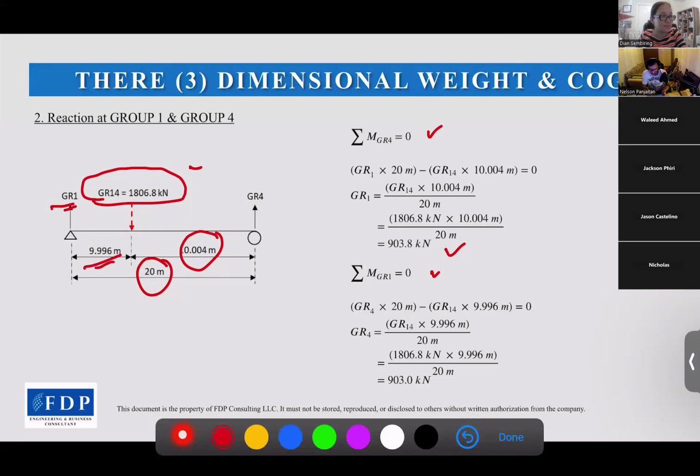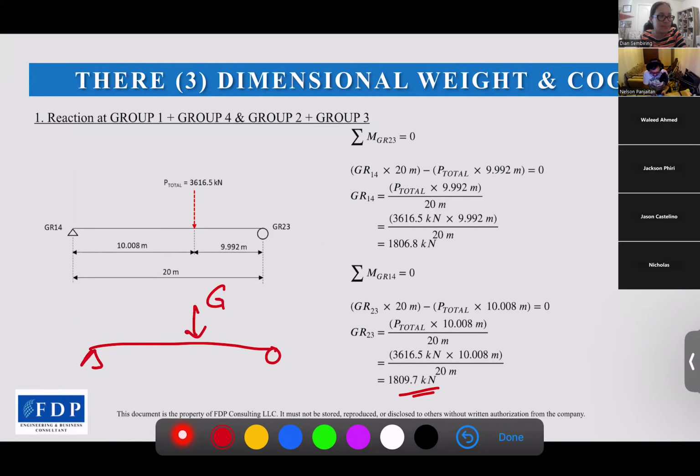That's for group 1 and group 4. And then maybe you can help me to find group 2 and 3 here. For group 2 and 3 we have 1809.7 kilonewton here, and then the distance is 9.996.